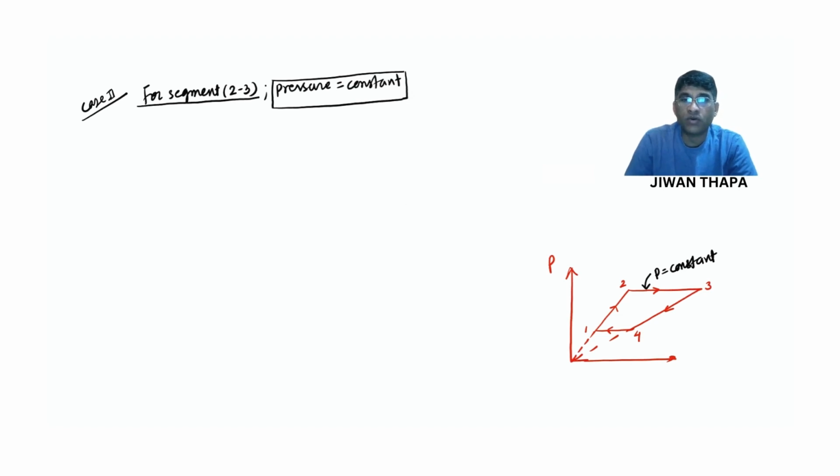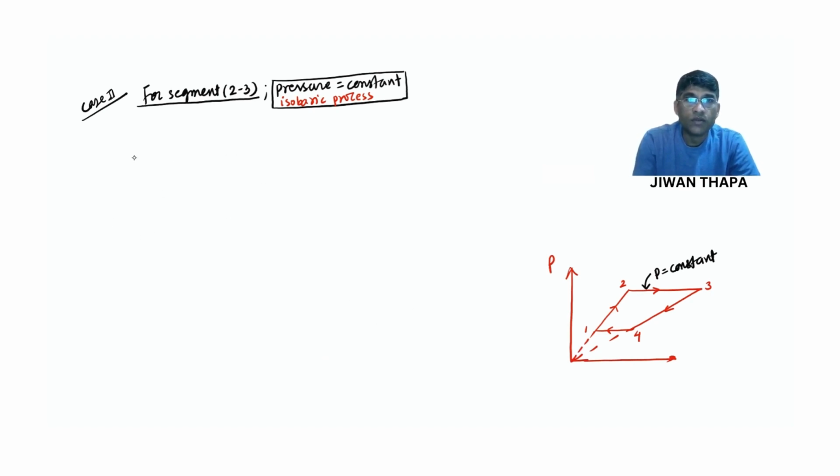If pressure is constant, then we have an isobaric process. So for segment 2, 3, the process is isobaric. We need to understand this.